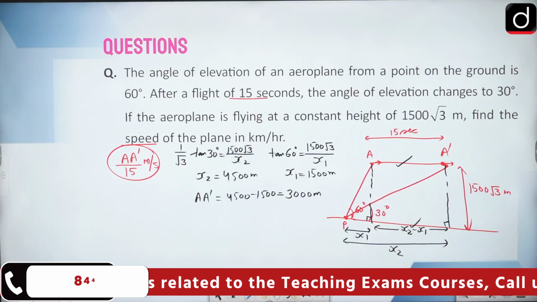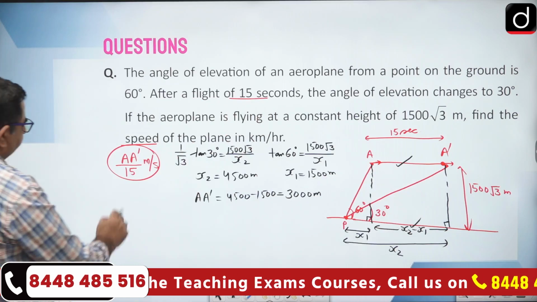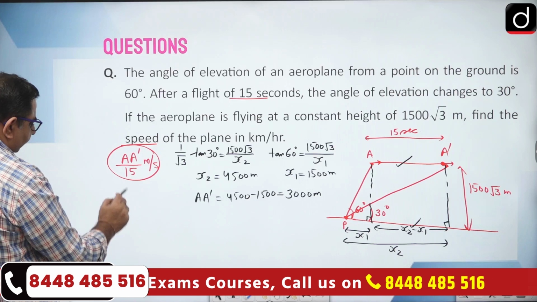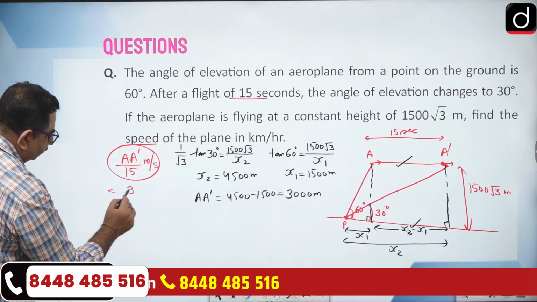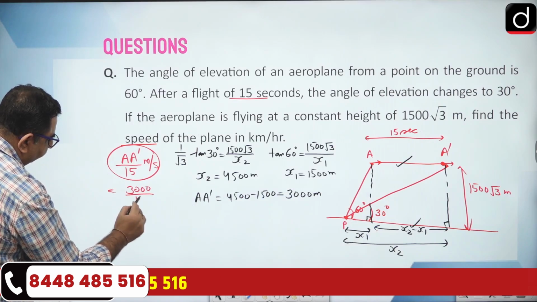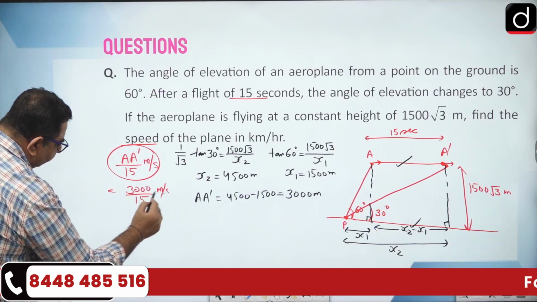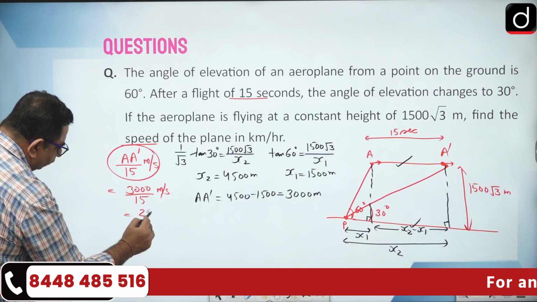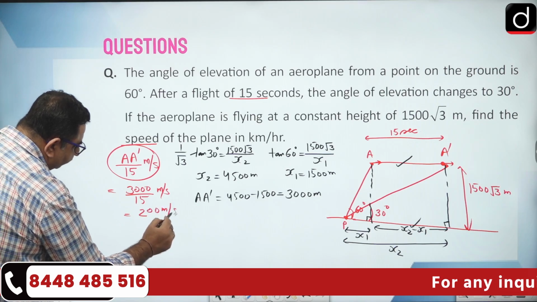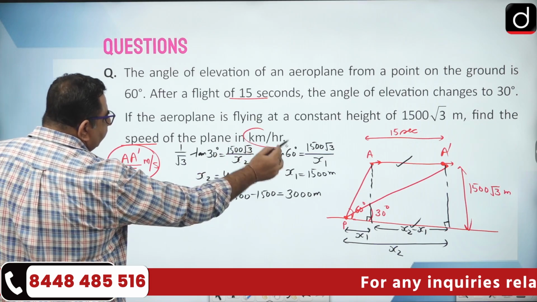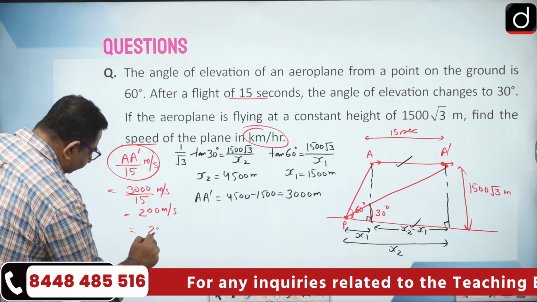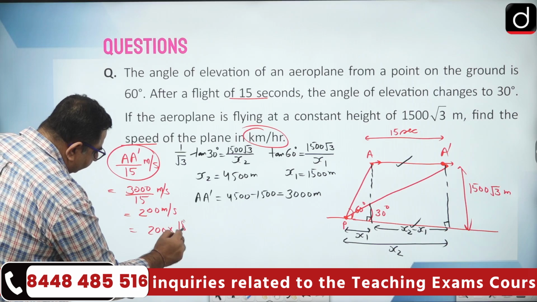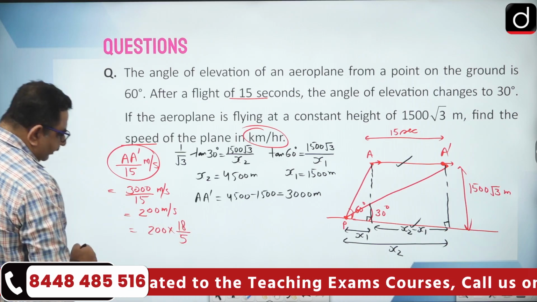Okay, right? Now we can find this speed. So this speed is 3000 by 15 meter per second. So that is 200 meter per second. Now since we have to find it in kilometers per hour, we can multiply this with 18 by 5, right?